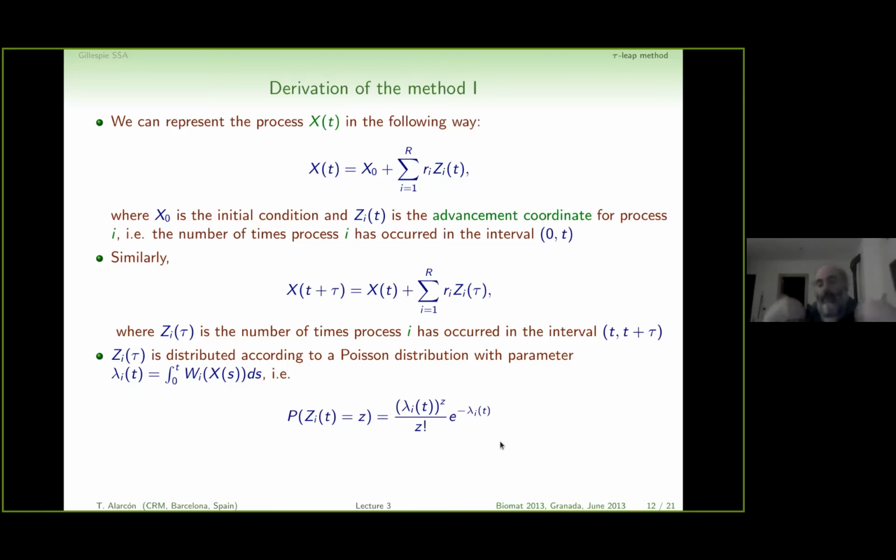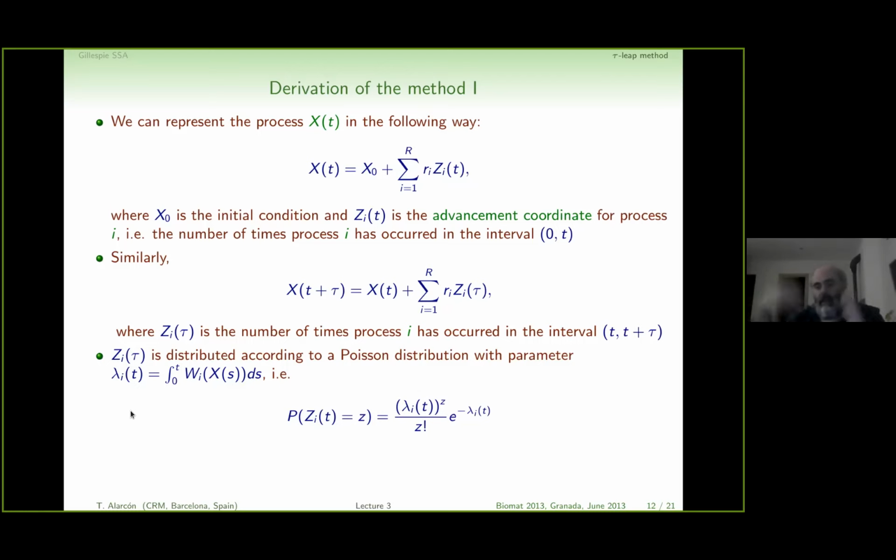Now, because we know that the process is a Markov process, and the waiting time distribution is an exponential one with a parameter that is given by this thing here, then set I is distributed in this way. It's a Poisson distribution with a parameter that depends on time. It's not a constant parameter.